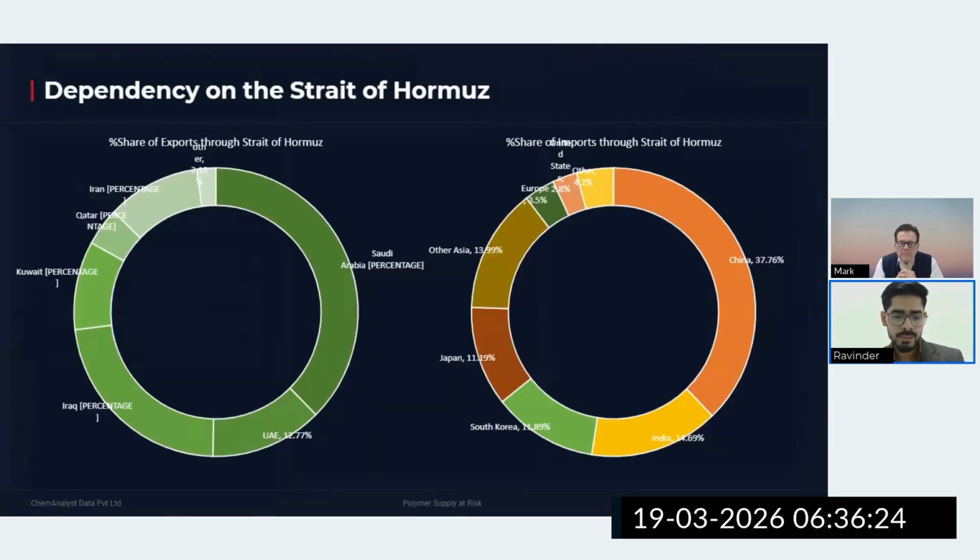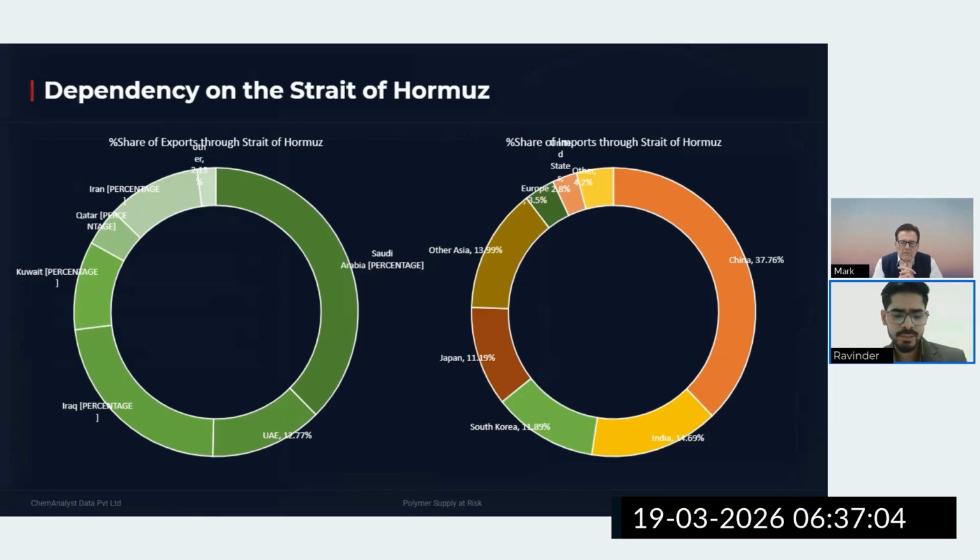So now let's talk about the dependency of different countries on the Strait of Hormuz, so that the picture will be clear on why all of Asia is so disturbed due to a single choke point. As you see in the first graph here, this is the overall percentage share of crude and other petrochemicals exported through the Strait of Hormuz. Saudi Arabia takes the largest share, followed by Iraq, UAE, Kuwait, and Qatar.